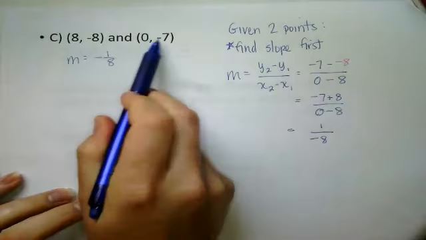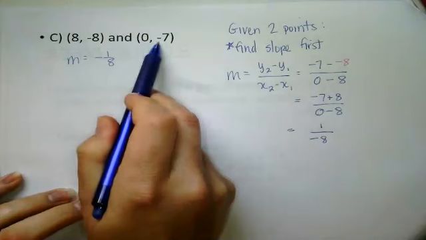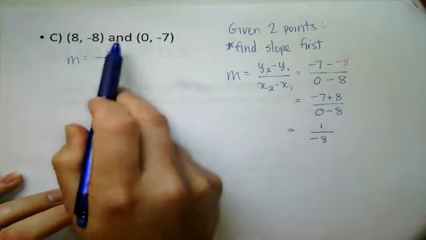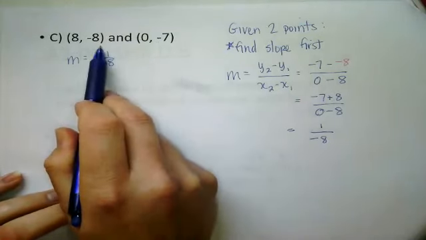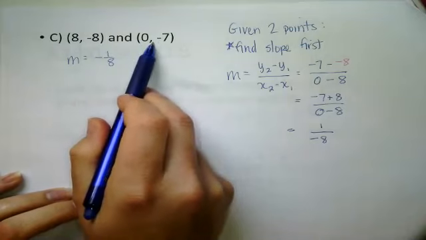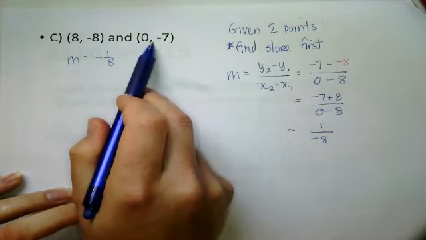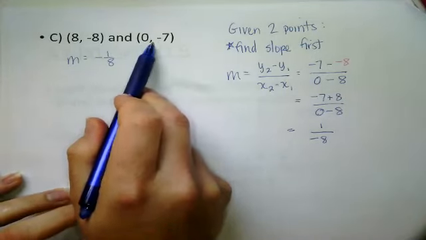Now I can choose either point. I could choose the one that has lots of 8s. That would be fine. Or I could choose the one with the 0. And that probably would work even better. So I'm going to go ahead and do that.